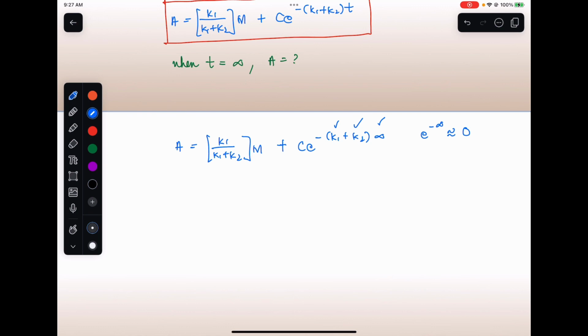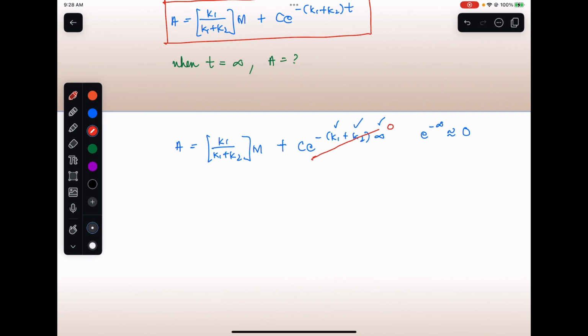So since this is approaching 0, the term would just be 0.